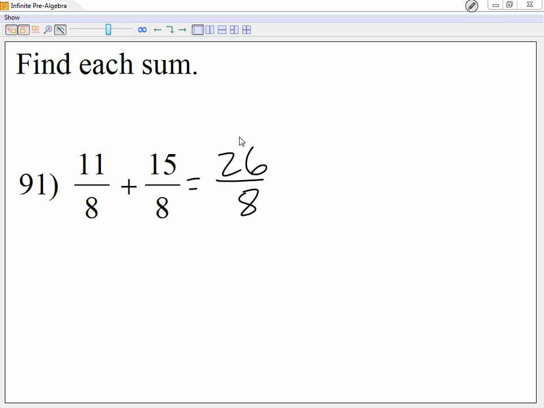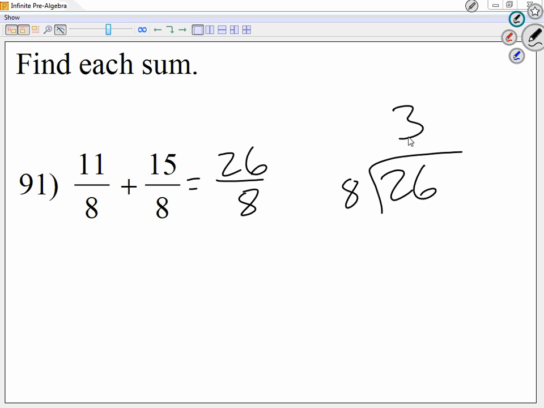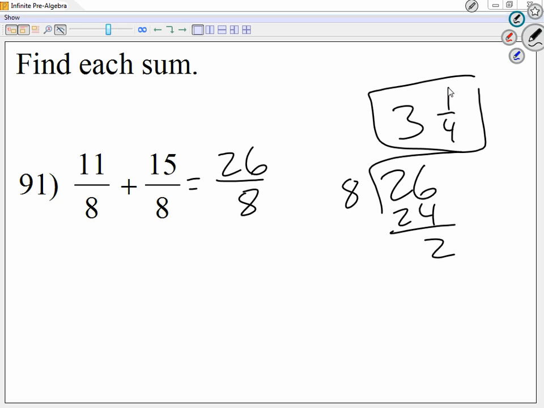The number on top is bigger, so I do have to divide. 26 divided by 8. I know 8 goes into 26 3 times, because 8 times 3 is 24, and my remainder is 2. My fraction technically should be 2 over 8, but I'm going to simplify it as 1 over 4. Right? 2 over 8 is the same thing as 1 over 4. So simplify your fraction.